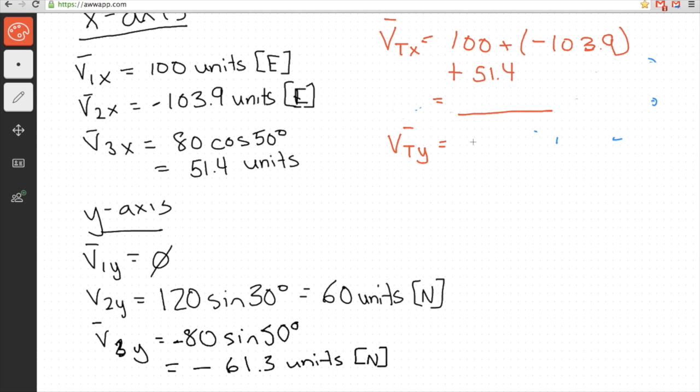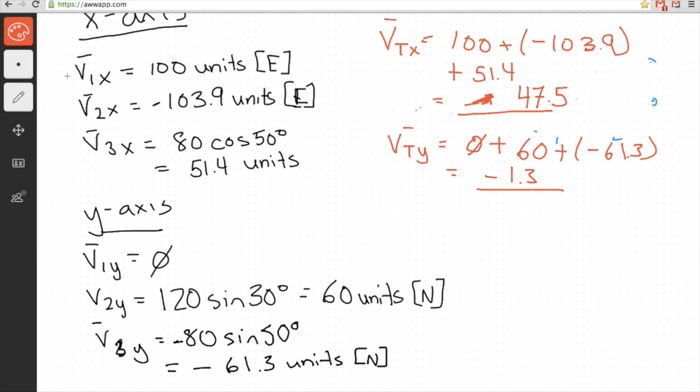And that's equal to 0 plus 60 plus minus 61.3. So if you go ahead and add those together, you get 47.5. And then here, you're going to get negative 1.3.